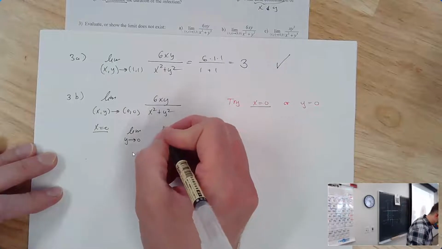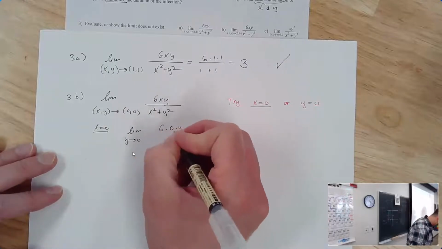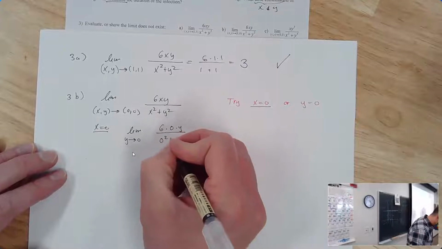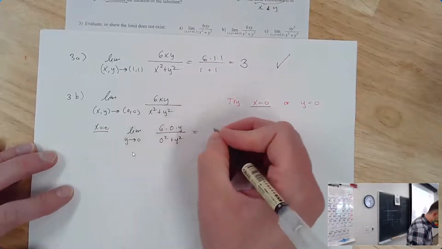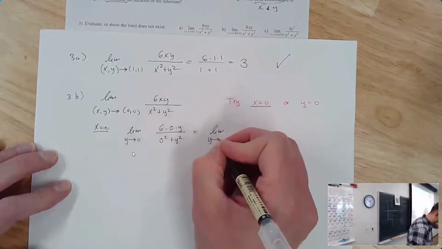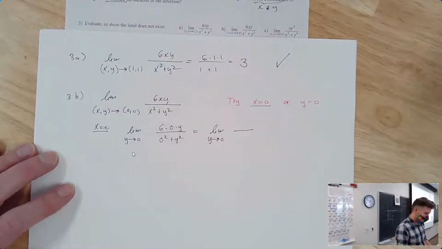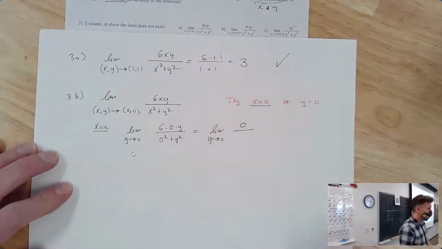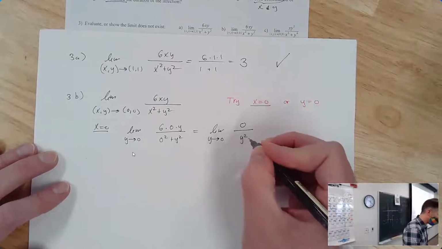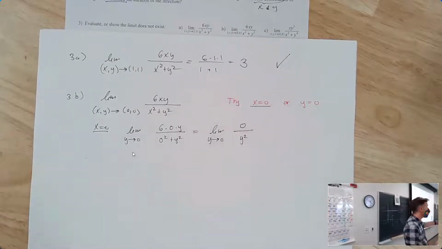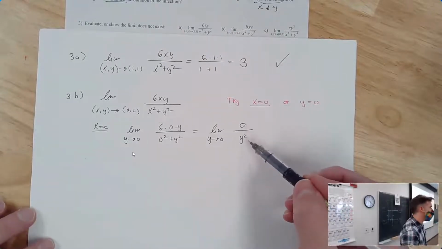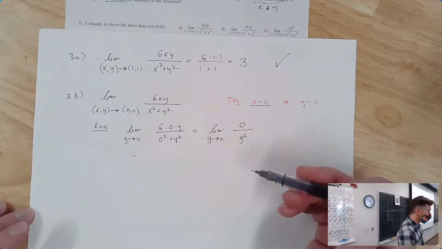And on top, I'm going to have 6 times 0 times y. On the bottom, I have 0 squared plus y squared. This is the limit as y goes to 0 of what? What do I have on top? What do I have on the bottom? y squared, which isn't 0 yet. Eventually it's going to be 0, but eventually it's going to be too late to matter. Because what's 0 divided by not 0? 0.